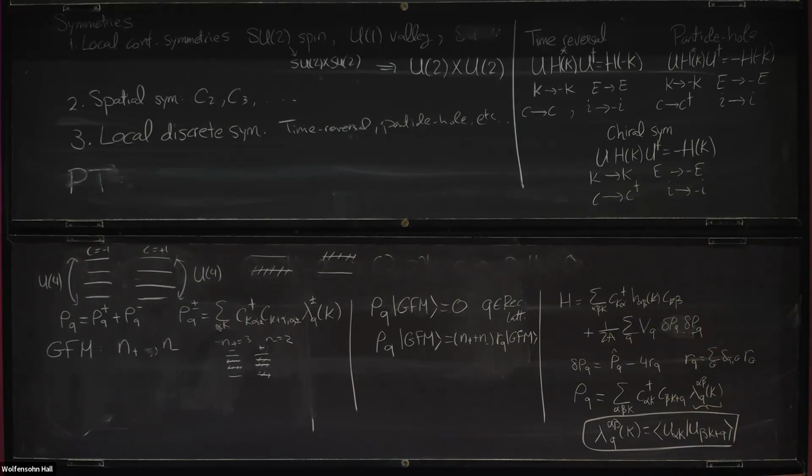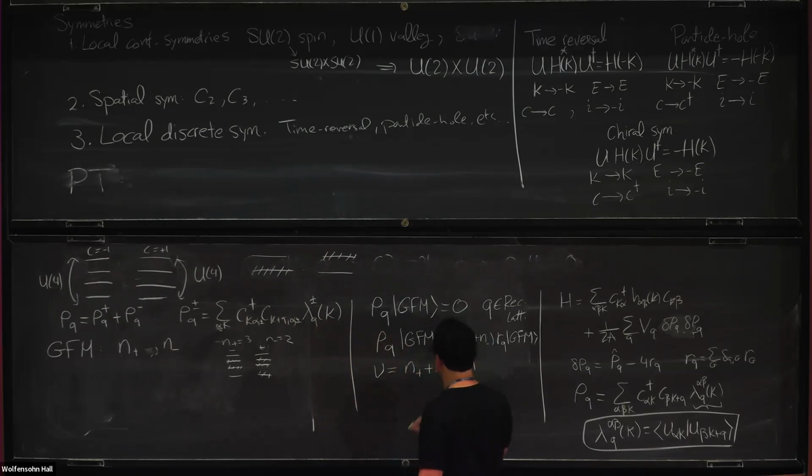And from this simple statement, you'll see that at the filling nu, which as I said is measured relative to neutrality, so it's n plus n minus 4, the action of the interacting Hamiltonian is just nu squared over 2A, sum over q, V_q, R_q squared.